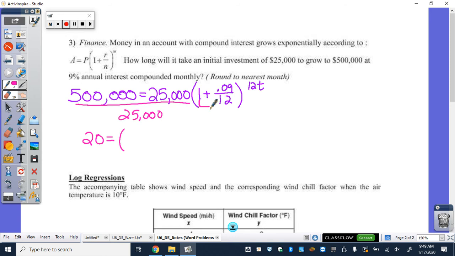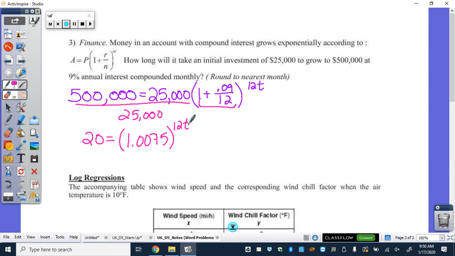Inside the parentheses, combine this. 1 plus 0.09 divided by 12. What is that as a decimal? 1.0075 for the 12t. So now we have to get our 12t out of the exponent spot. We really can do either one. We can do log of both sides or we can ln both sides.